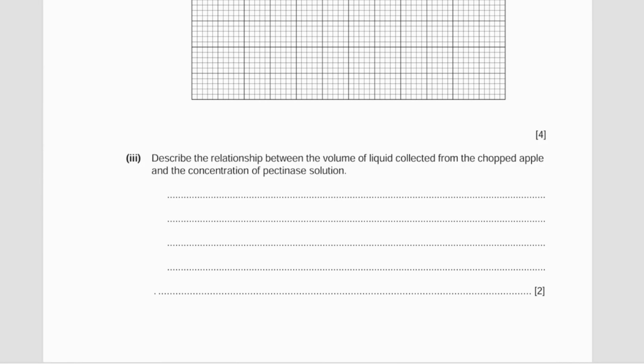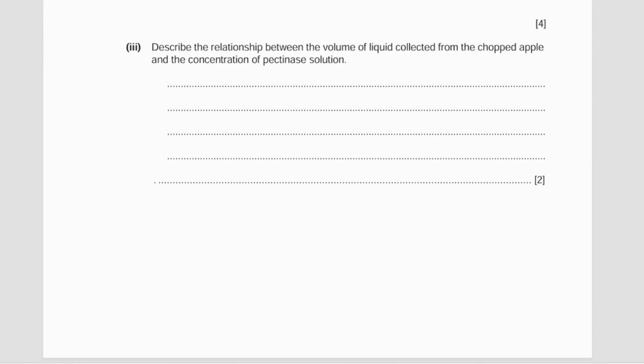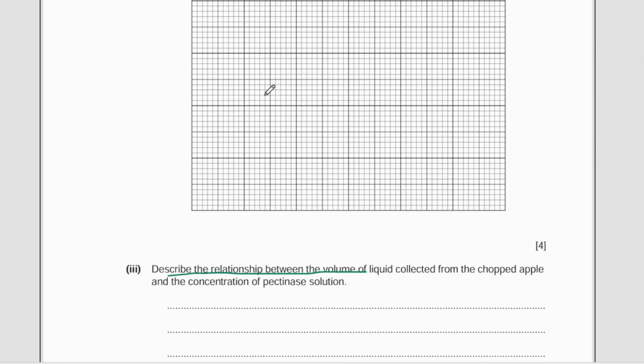The volume of liquid collected would be more. Wait, here it's written describe the relationship. Now the question is different. It's not a conclusion, it's a relationship. It's about x-axis and y-axis.